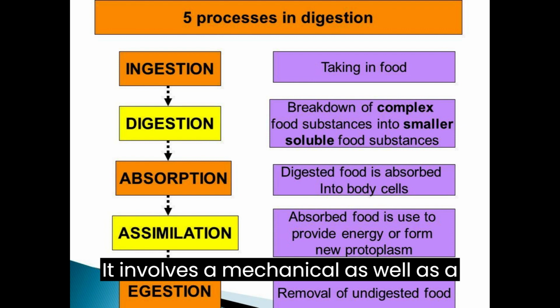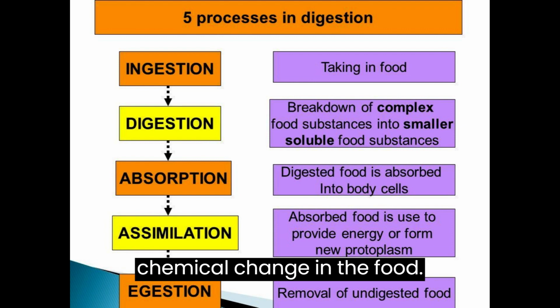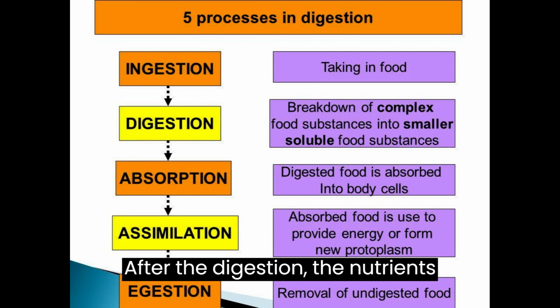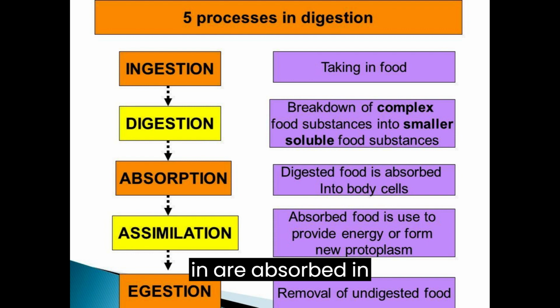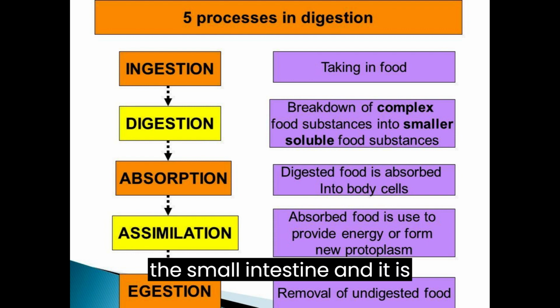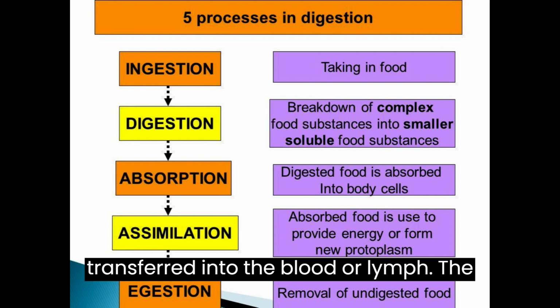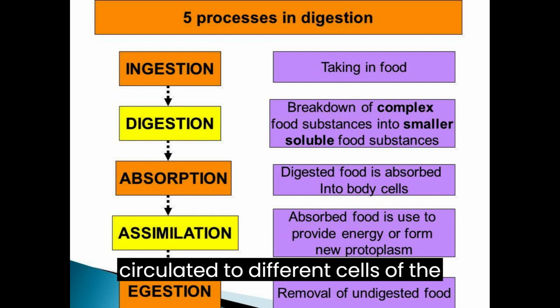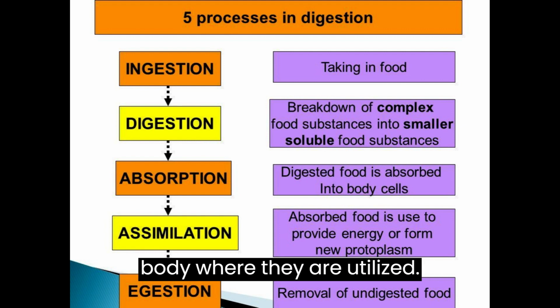It involves a mechanical as well as a chemical change in the food. Then the next step is absorption. After digestion, the nutrients are absorbed in the small intestine and transferred into the blood or lymph. The absorbed food molecules are then circulated to different cells of the body where they are utilized.